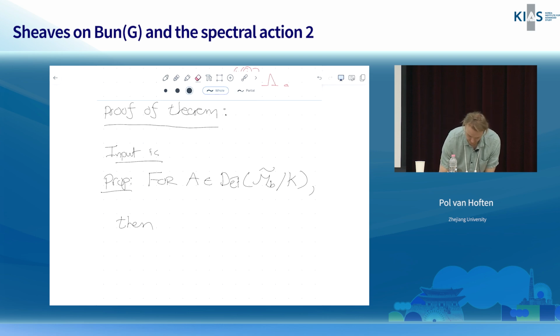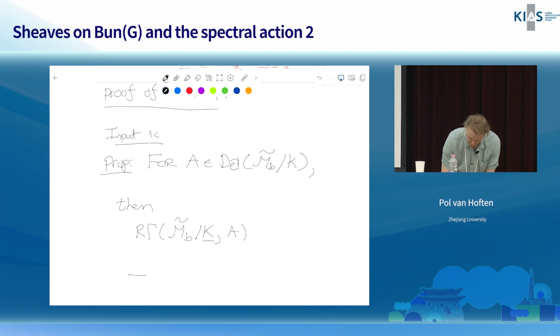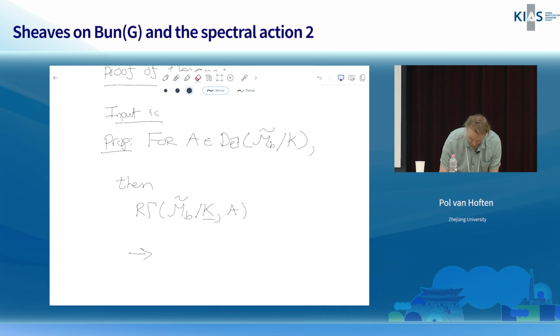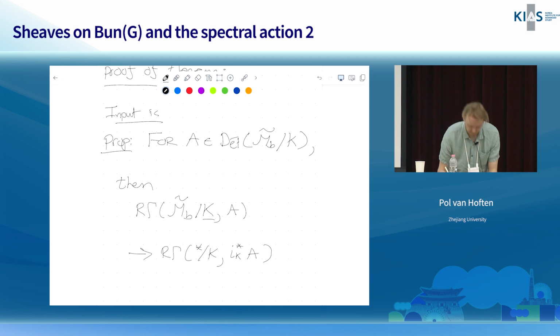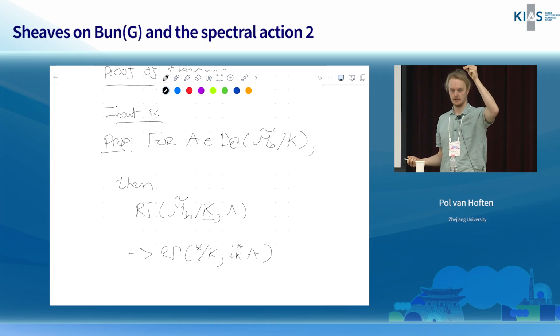So I can take cohomology, and somehow there's some excision triangle that lets me compare this to the cohomology along point mod K of what I called i_K star of A. So M_B tilde has this point inside of it, and so M_B tilde mod K has point mod K inside of it.